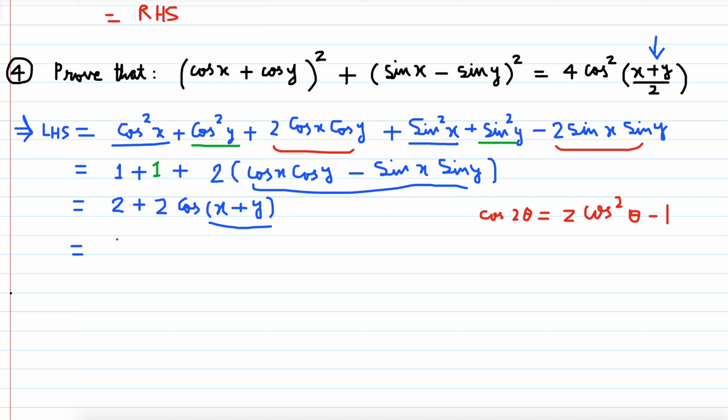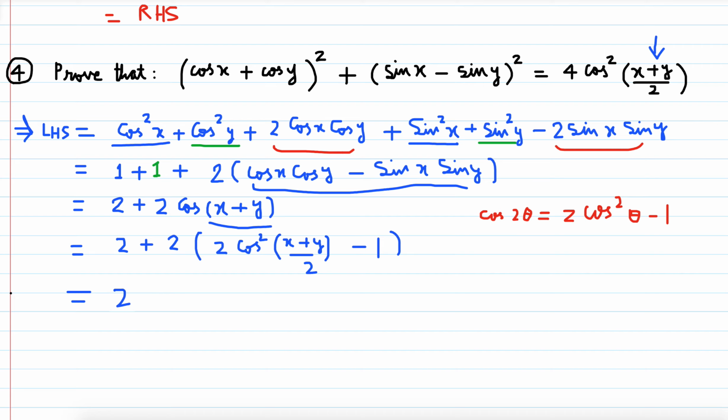So we can write this as 2 plus 2 times 2 cos square x plus y by 2 minus 1.